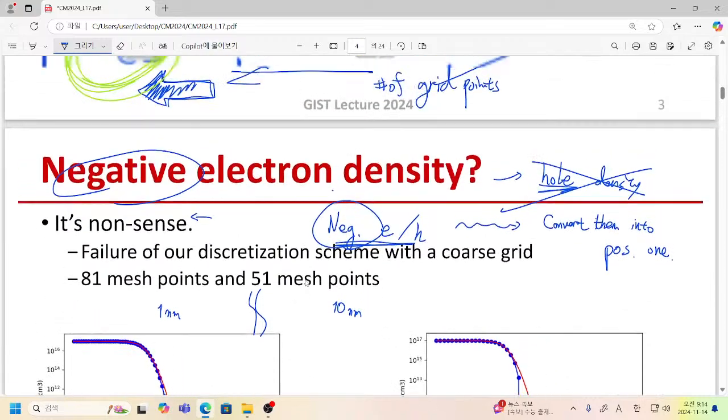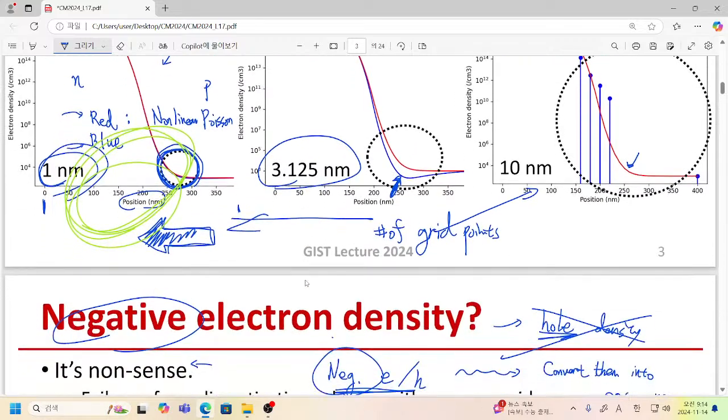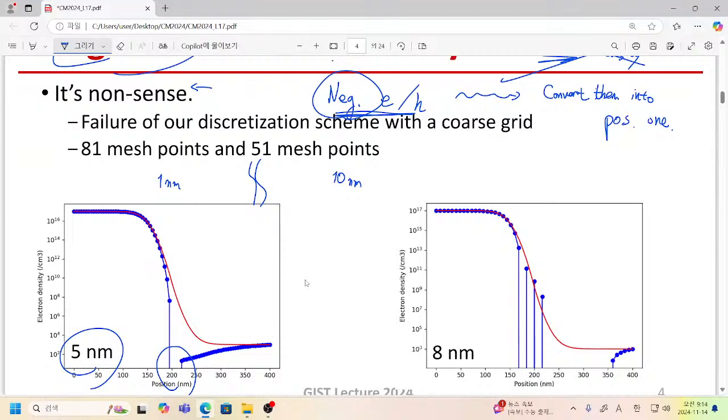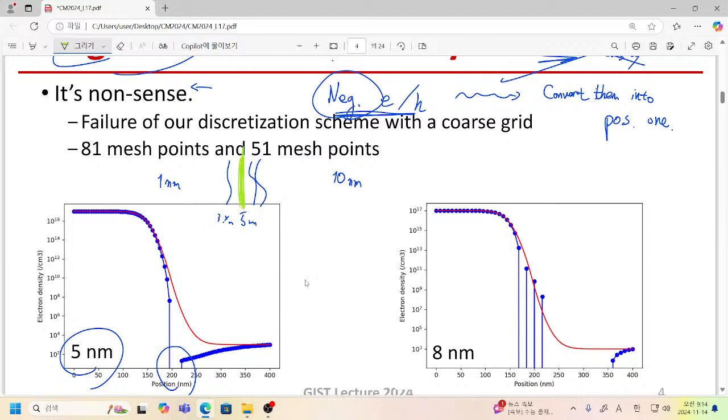When we come back to, for example, 3 point something, although we have errors from our coarse graining, we still have positive numbers. So somewhere around here we have the occurrence of a negative electron density in this 10 to the 17 per cubic centimeter and 10 to the 17 per cubic centimeter example.